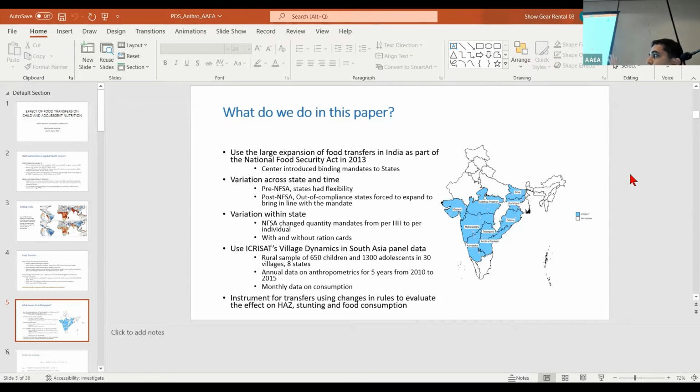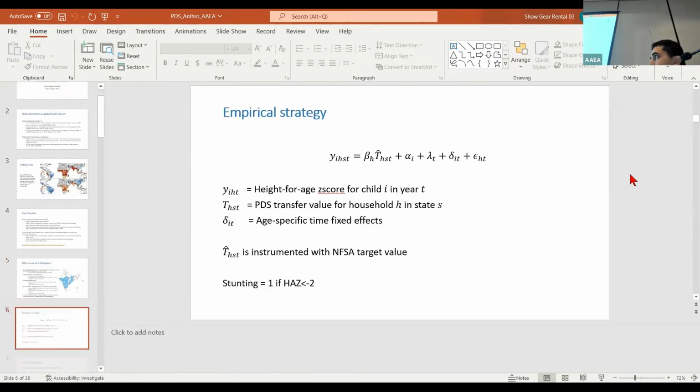It's panel data at the individual level, and we have 5 years of individual panel data. And we also use an instrument that I will explain later. So we instrument transfers using these changes in the NFSA rules to identify the effect on stunting.